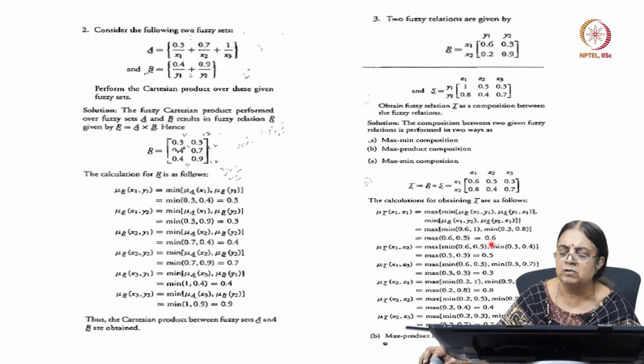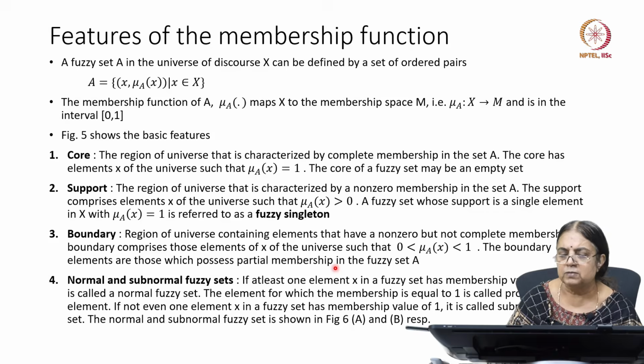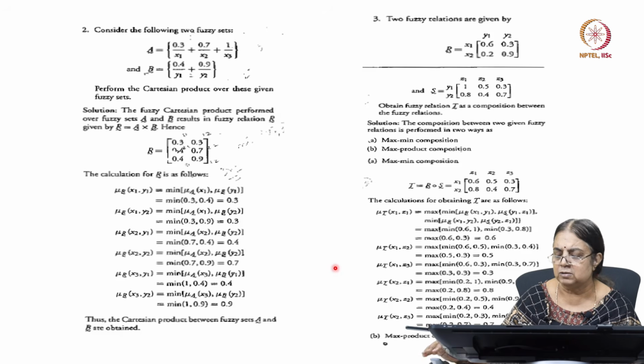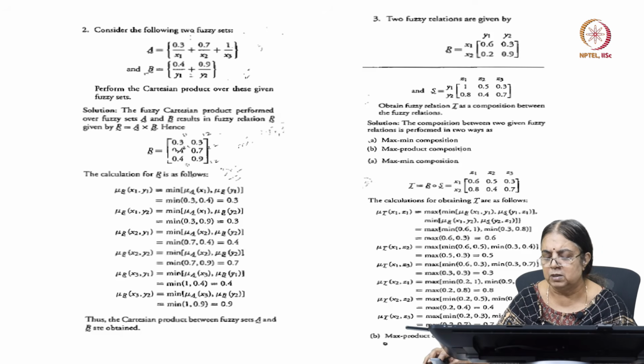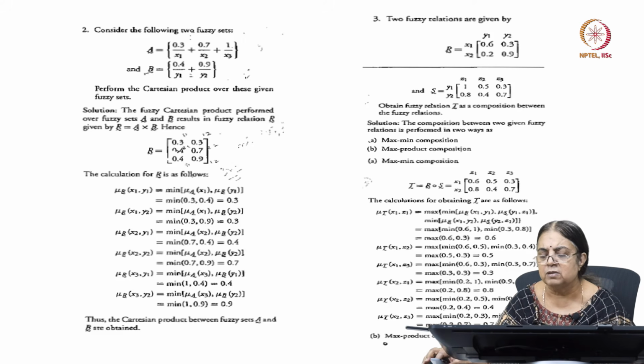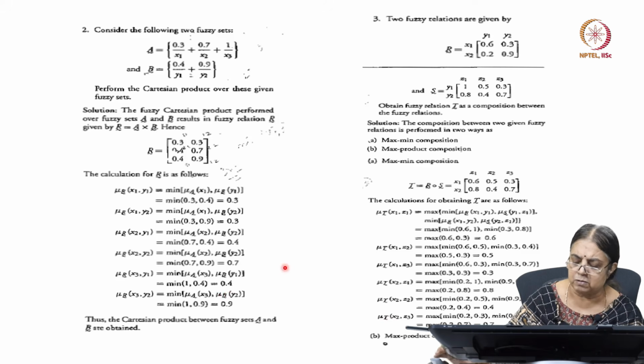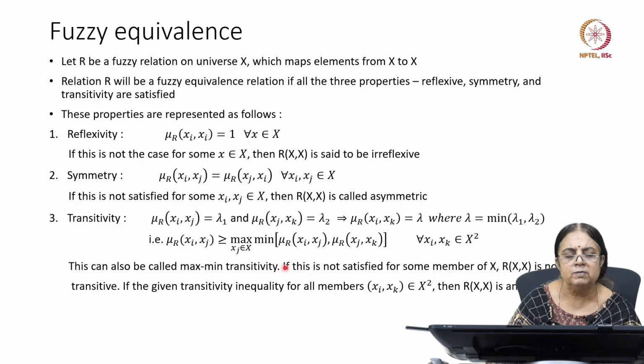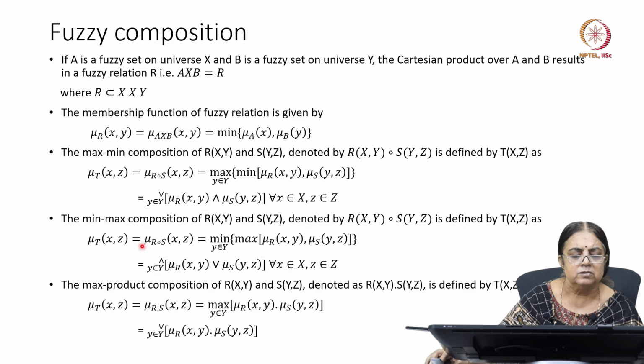This is the value you get. In this way you can go through the entire thing and form the max-min composition. Similarly you can do the max-product composition. You take T is equal to R dot S to get the max-product composition, using the values we have, and this is what you have to use.